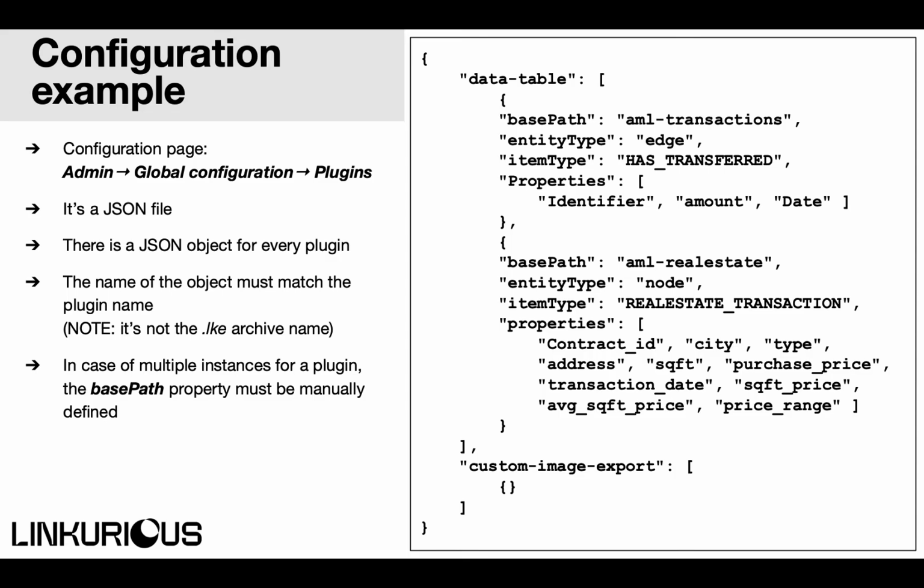So by reading the documentation, you have the list of all the mandatory properties that need to be configured. More specifically, here we are configuring a data table plugin. So what we need to specify is the type of entity that we want to display, a node or an edge, the item type, and the list of the properties that should be displayed in the table.